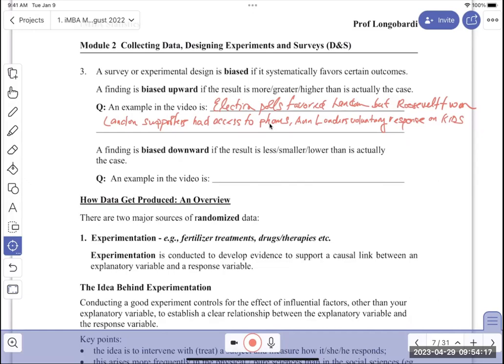For instance, when Trump ran for election in 2016, it was like a shock because all the polls were showing that he was so behind. Well, obviously the polls were biased. They were biased against him, right? It was a downward bias in this case against Trump because in fact he won. He just shocked everybody with the win.